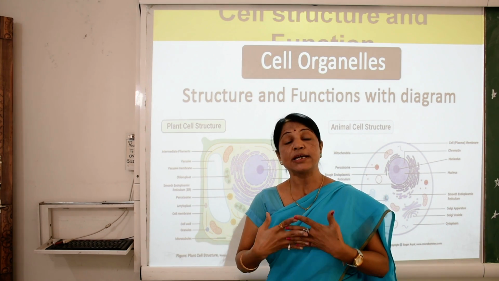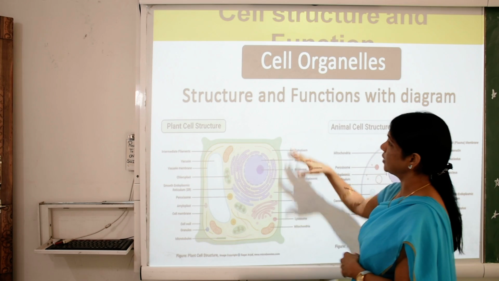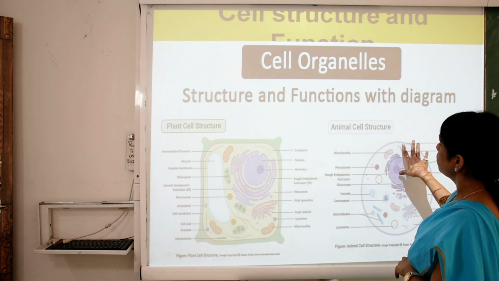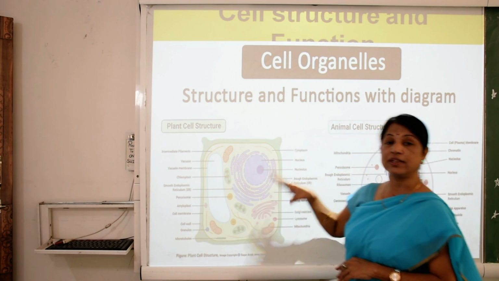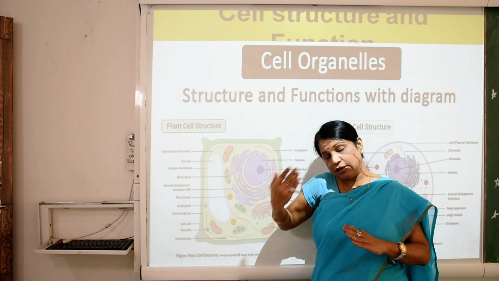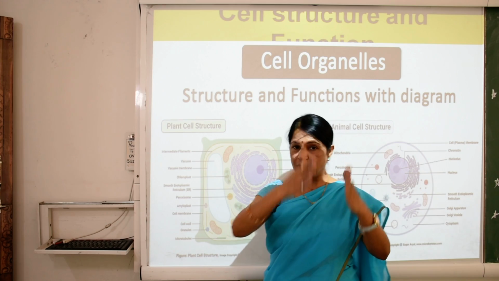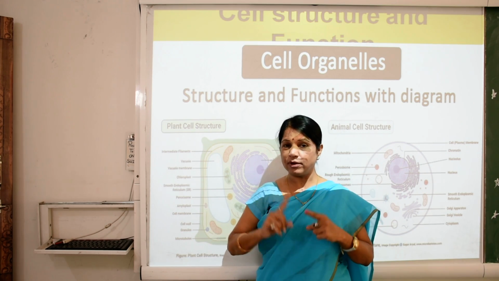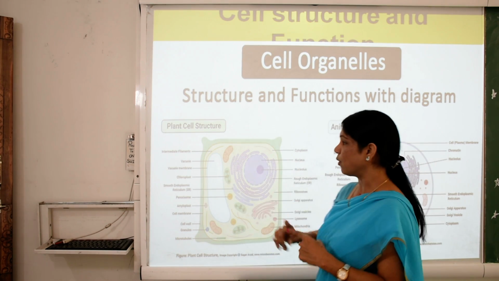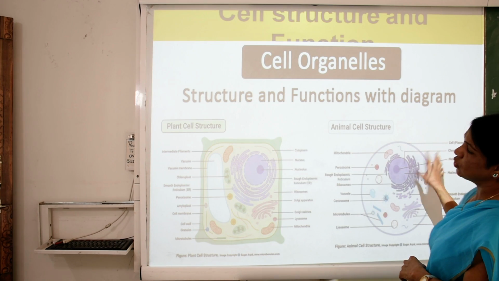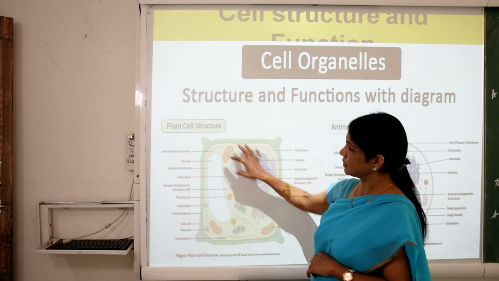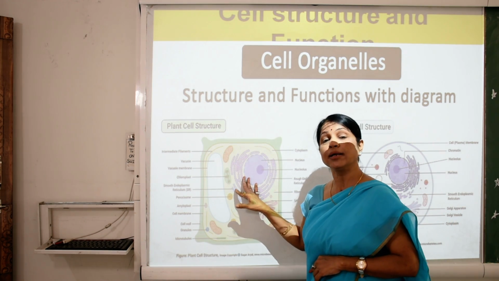Kindly focus 100% of your concentration. Please, I want to explain it with the diagram. Before, I explained the difference in tabular form, but here I will show you with the help of this diagram. So can you see now, children? Here is the diagram of the plant cell.